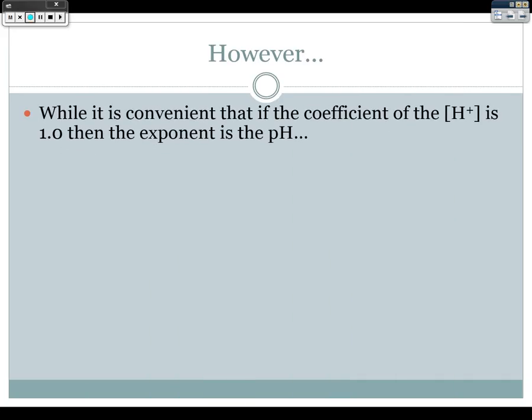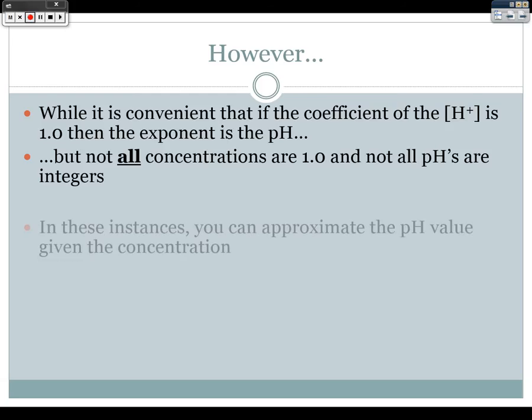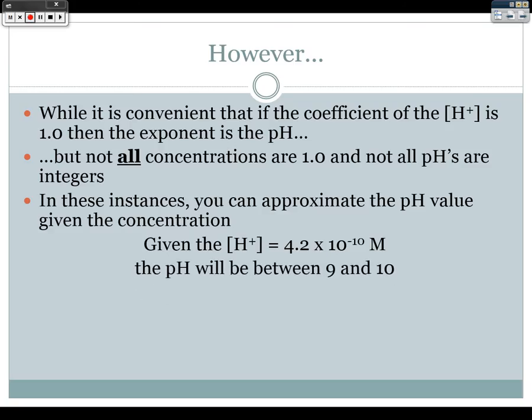If the coefficient is not 1.0, then the pHs aren't always just the exponent. So in these instances, you can approximate the pH value given the concentration. So if you know that the concentration is 4.2 times 10 to the negative 10, we can assume that the pH is going to be somewhere between 9 and 10.